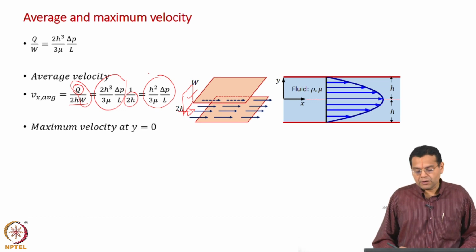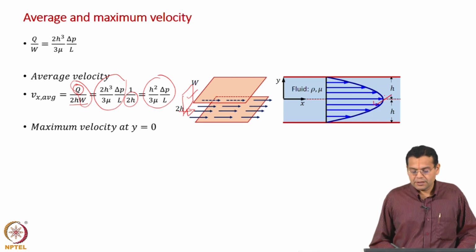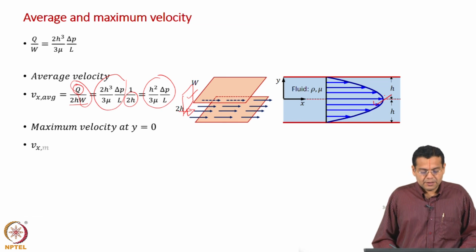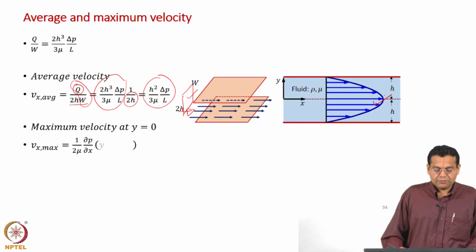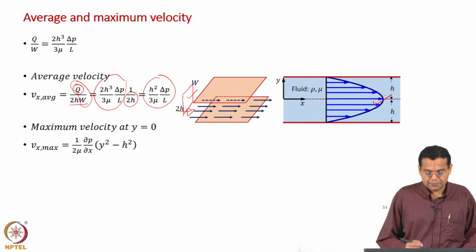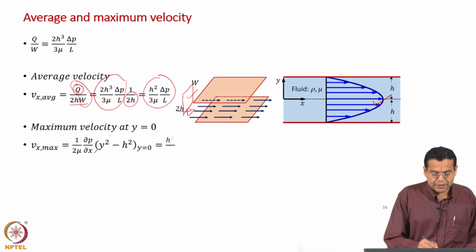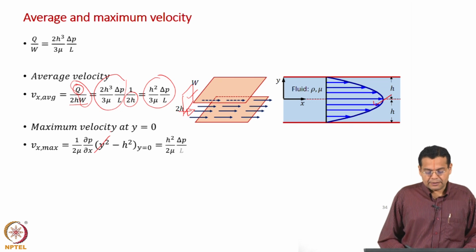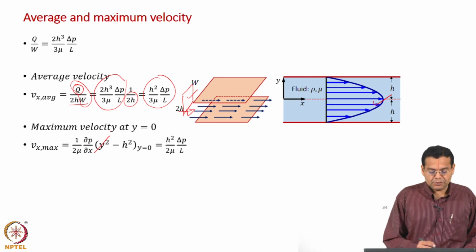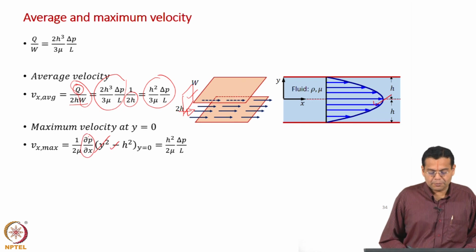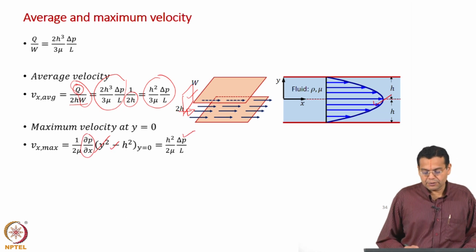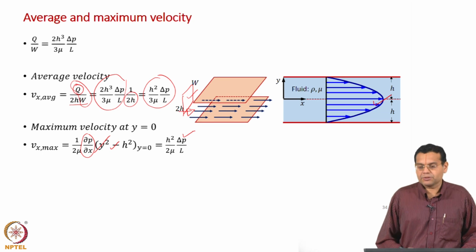Now, we can also find the expression for the maximum velocity, which happens at y equal to 0. How do you find it? In the expression which I derived for the velocity profile, substitute y equal to 0, and then you get 1 by 2 mu, and this minus sign has been combined with dou P by dou x to give you delta P by L, and of course, you have h squared.